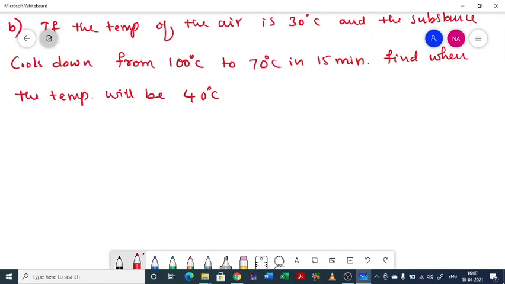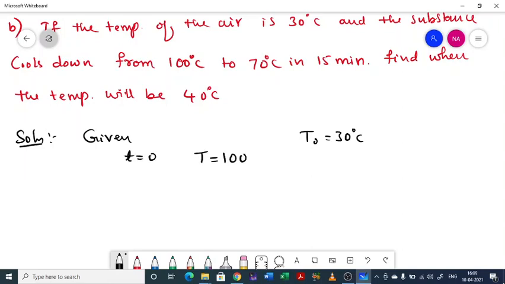Solution: given, see here T naught is given. T naught is 30 degrees Celsius. When small t equal to 0, capital T is 100 degrees Celsius. When small t is 15 minutes, capital T is 70 degrees Celsius.